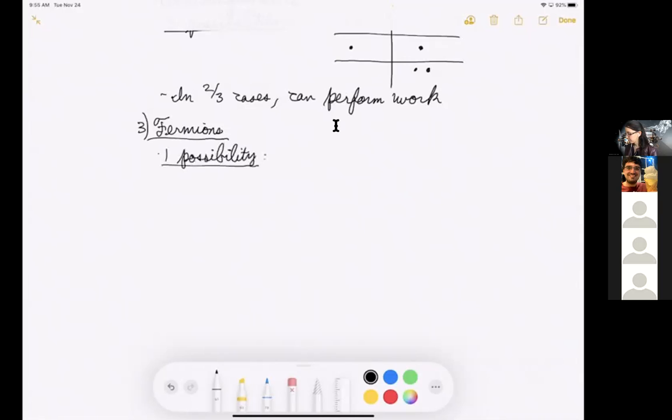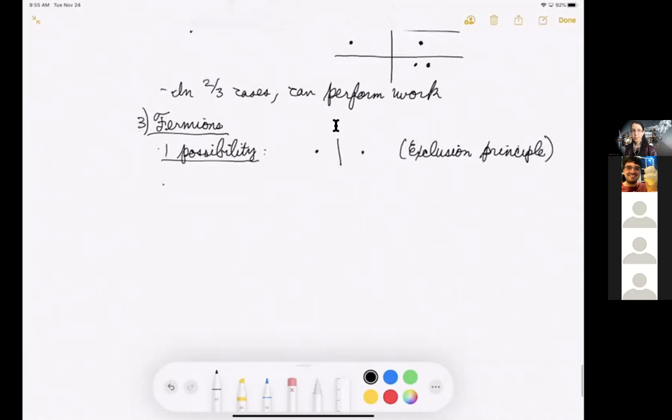Both the particles have to be on opposite sides of the barrier so that they don't violate Pauli's exclusion principle. The particles are always distributed evenly. So they can never perform work.